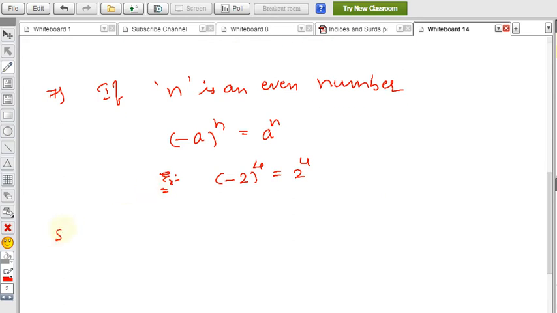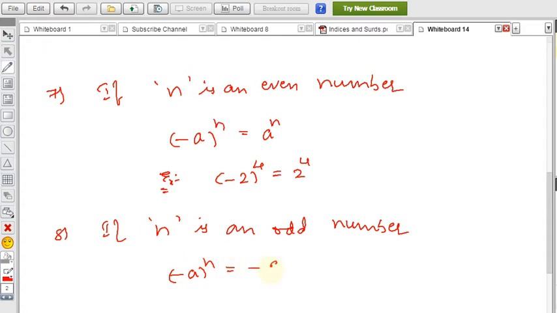Then in case n is an odd number, if n is an odd number, then (-a)^n is -a^n. So instead of the whole, we can write it separately.